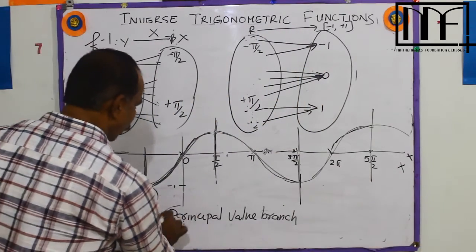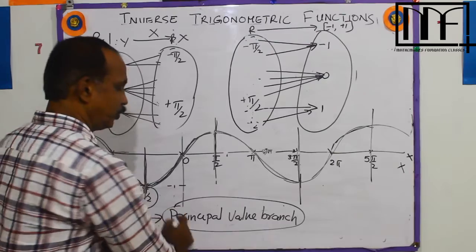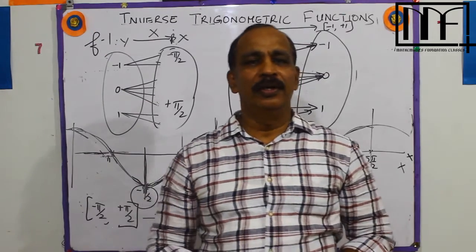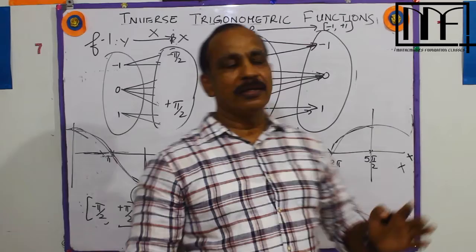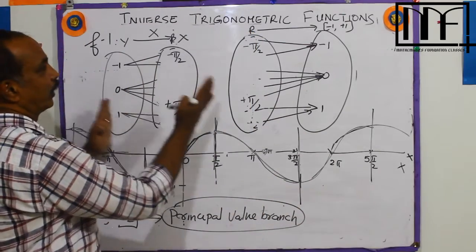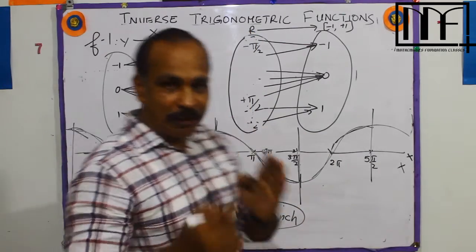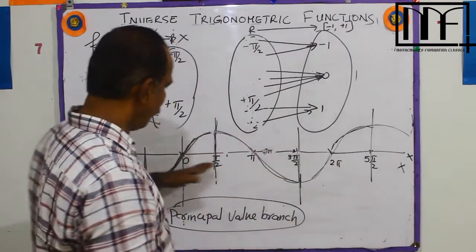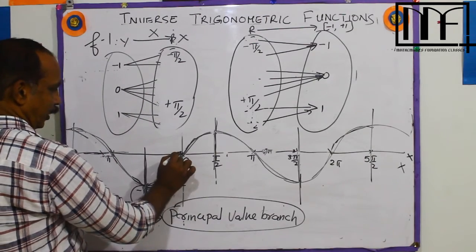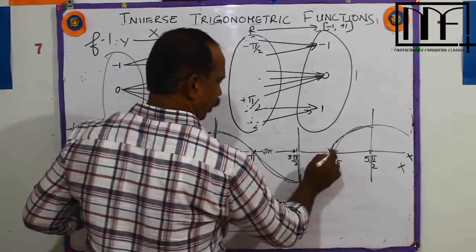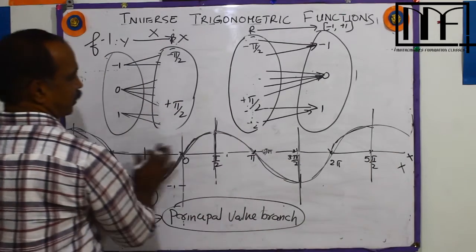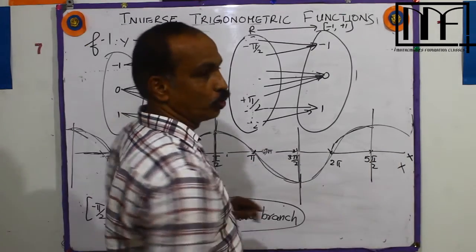Therefore, it is very important to find the principal value branch to find the inverse function. Once again, I repeat: the y equal to sin x function is a many-one function, because we can see from the graph the value 0, the value negative pi, the value pi, 2 pi, all these values sine will have 0 there.